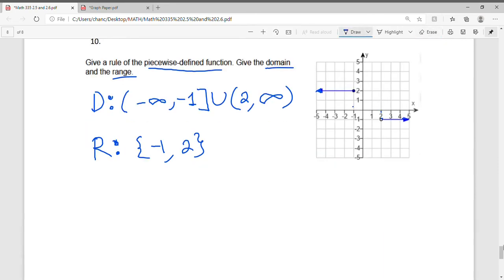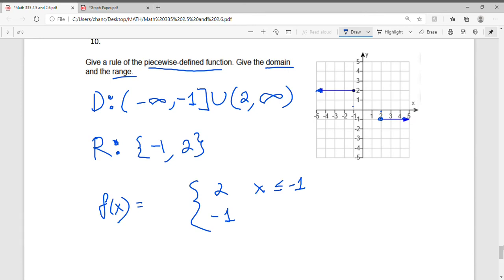For the last part, let's construct a function that defines this graph. We have a constant function of 2, and that's for x values that are less than or equal to negative 1. And then we have another constant function at negative 1.